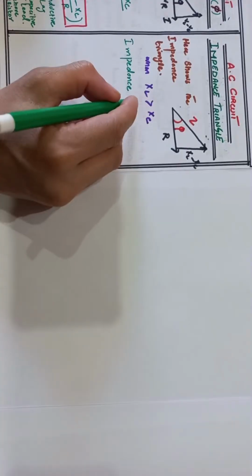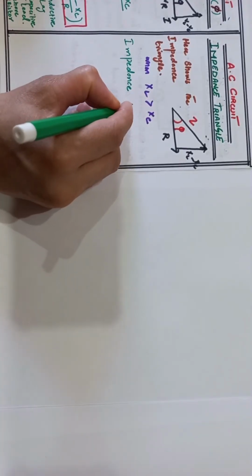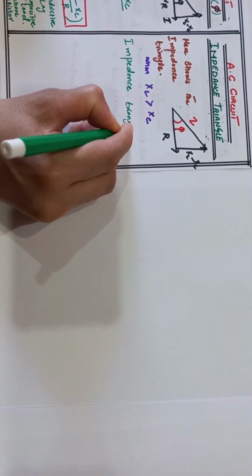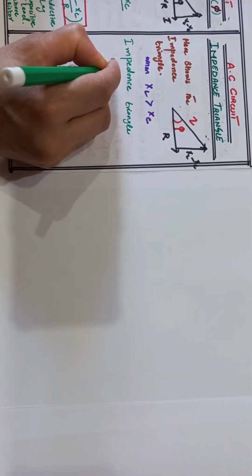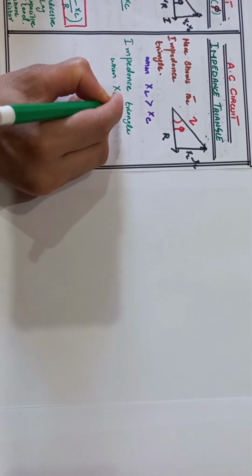Here we discussed the case when XL is greater than XC. Now we discuss the impedance triangle when XC is greater than XL.